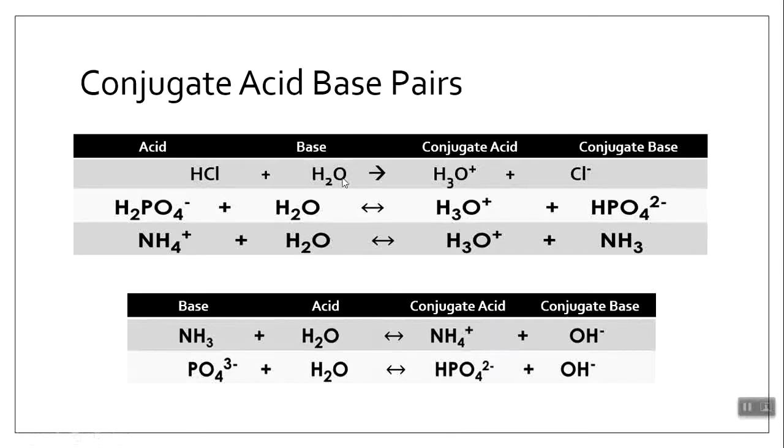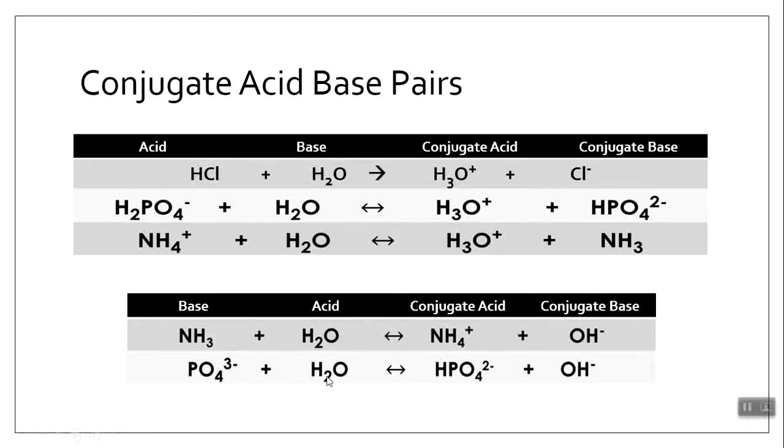So up here we can see that water is taking the hydrogen ion, it's taking the proton, and that's why our conjugate acid is the H3O+. And if you look at the conjugate base, the acid lost, right? It donated that proton, and so we have one less hydrogen here.